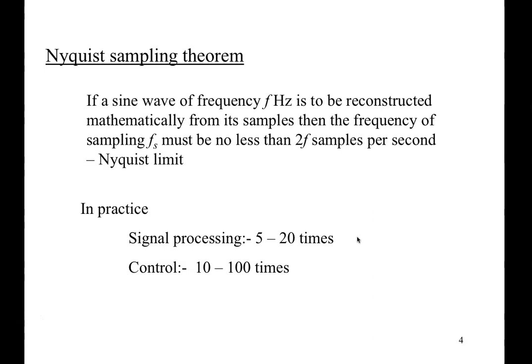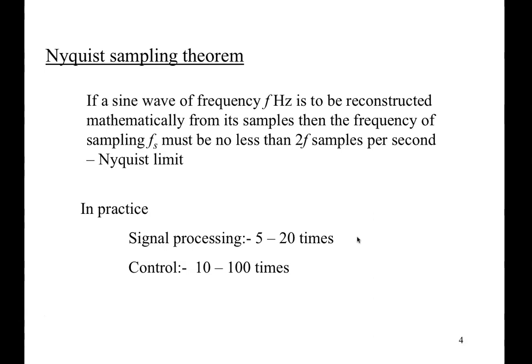But in practice, because we have delay issues as well, in control systems we tend to use at least 10 to 100 times. In signal processing, it is distortion that matters rather than the delay, so the requirement is slightly less.